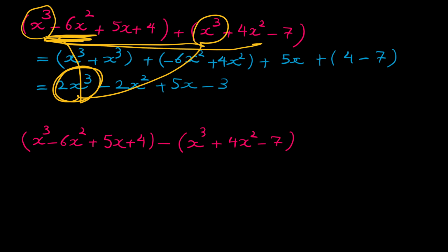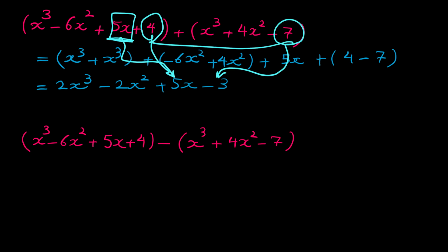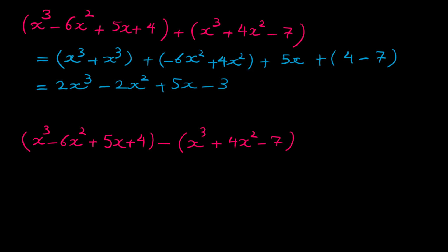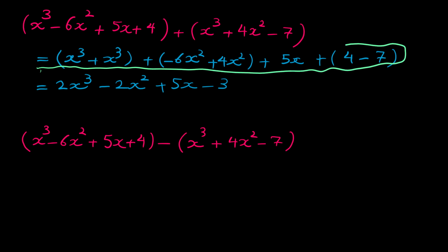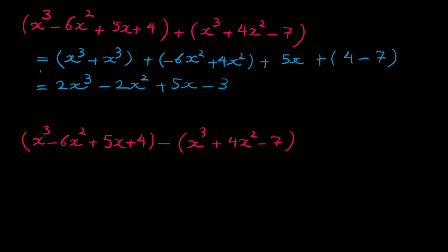Negative 6x to the 2 plus 4x to the 2, negative 2x to the 2. 5x is the single term with x, so we write the 5x here. And finally 4 minus 7 is negative 3. So the grouping, which is this step, is one step that gradually you have to jump over and find the answer right away.